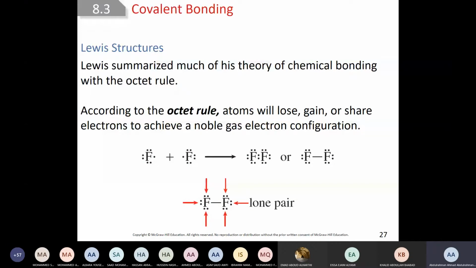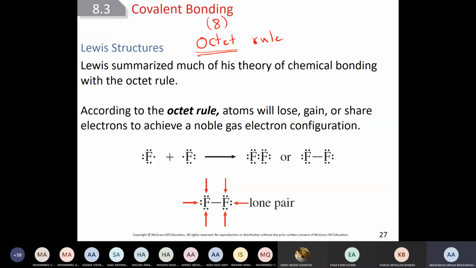Lewis found that there is something called the octet rule. Write the name, octet rule. What's the meaning of octet? Octa, what's the meaning of octa? 8. 8, exactly.